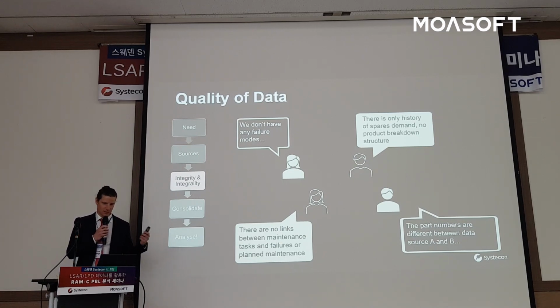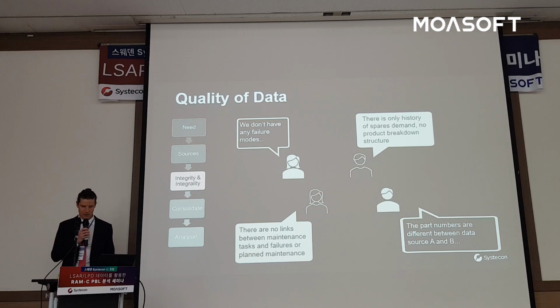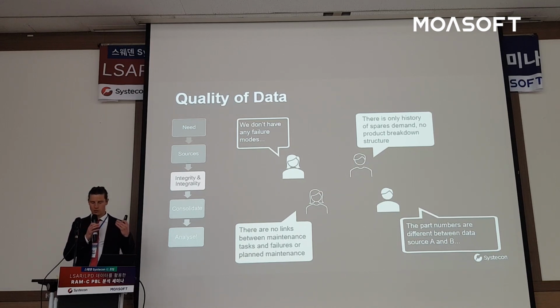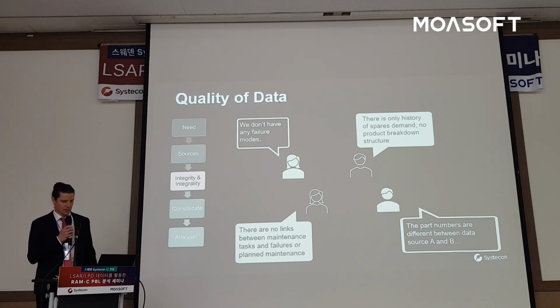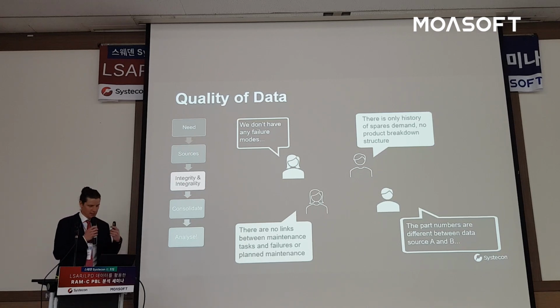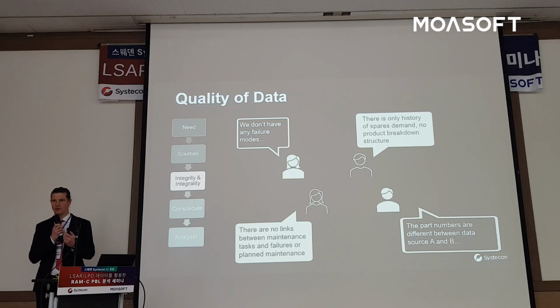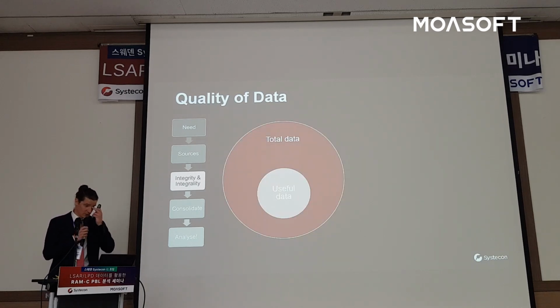So this is about the integrity and integrality of the data. So how does it work together with each other? Does it make sense, and so on? There's no idea of having information about how many failures there are if we don't have a part number for that part. So it's all connected, and that's important to have control of as well.